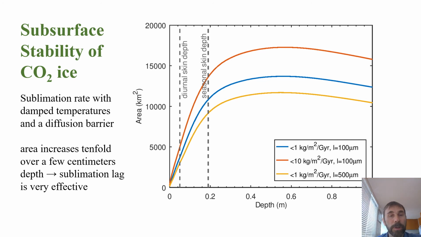Well, it turns out, through subsurface temperature modeling, that a few centimeters of sublimation lag increases this area by an order of magnitude easily. So a sublimation lag will allow CO2 ice to be around in much larger areas, or any other form of burial would do that too.